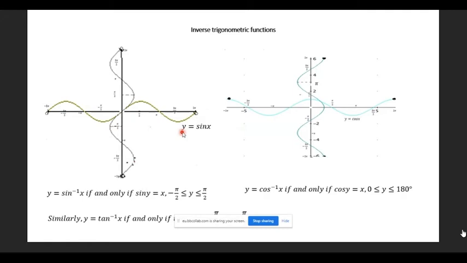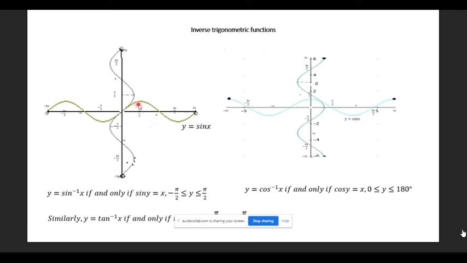If you want the inverse of y is equal to sine of x, the inverse you are always going to get by interchanging x and y. So in other words, the inverse of this will be x is equal to sine of y. What used to be x now becomes y, and what used to be y becomes x.